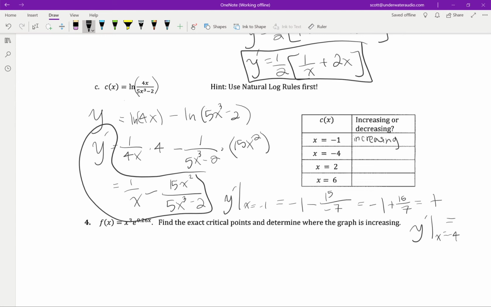And then all of that gets divided by 5 times -1 cubed minus 2. Alright, so I end up with something positive when I punch that into a calculator, so it's increasing.